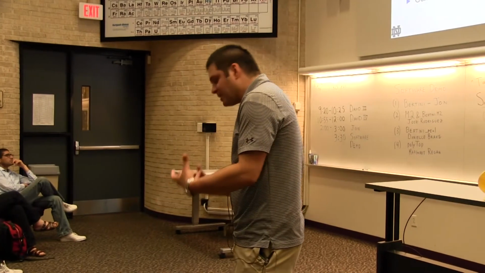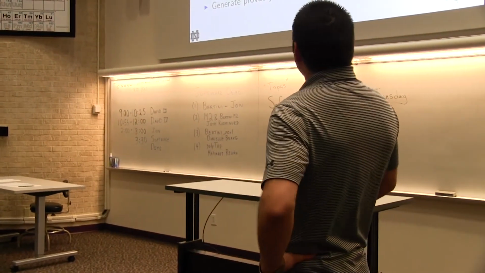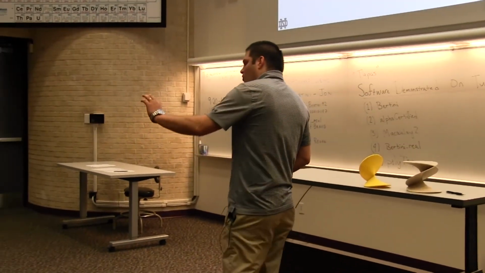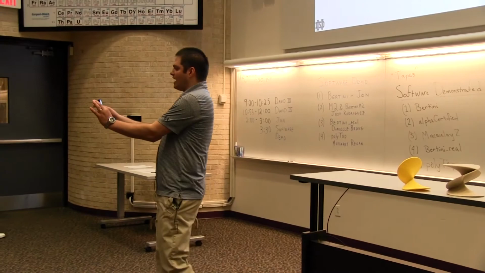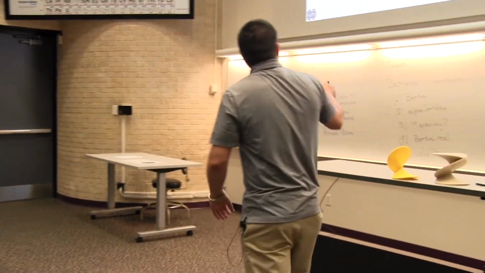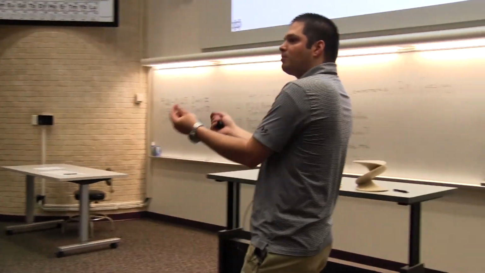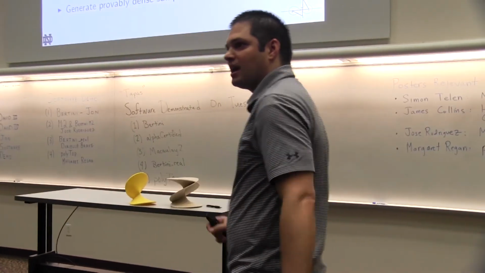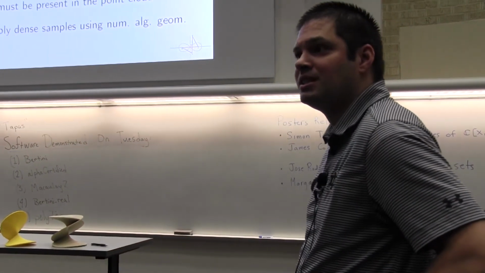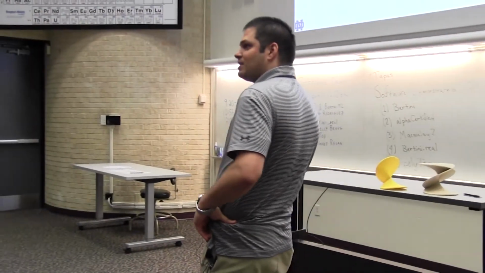What we can do from a sampling point of view is provide provably dense samples. What that means is that if I have a sample point, I know how far away the other sample points are. So I know when these two things have to link up. I can give you upper bounds on when these two circles have to link up, and then you can prove theorems about topological features in the point cloud.